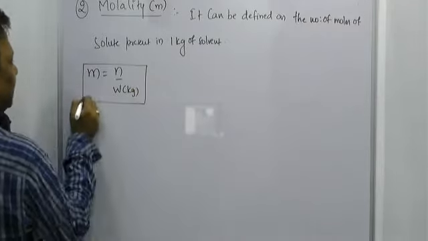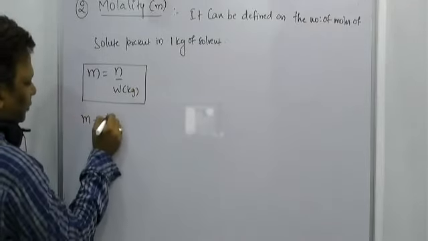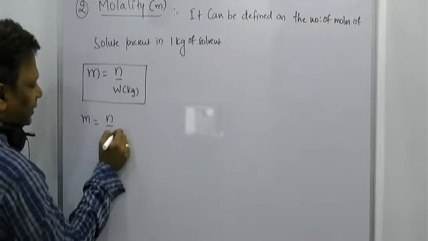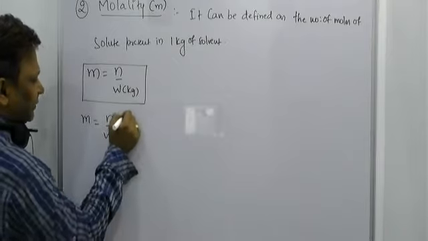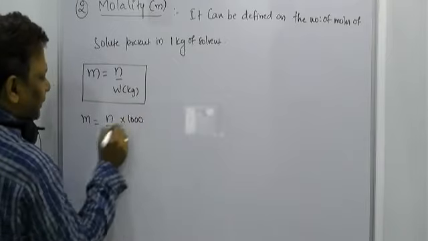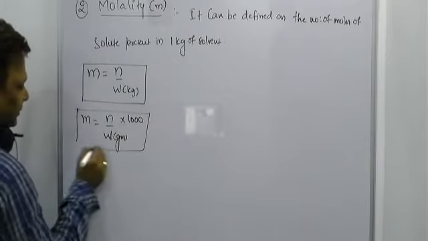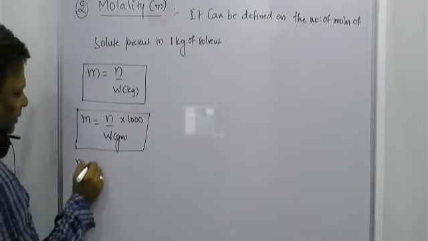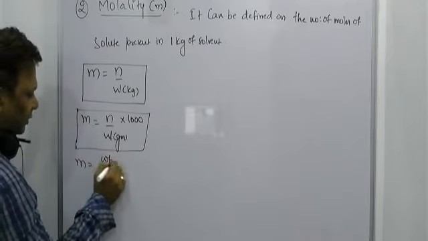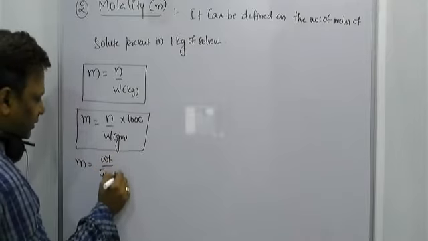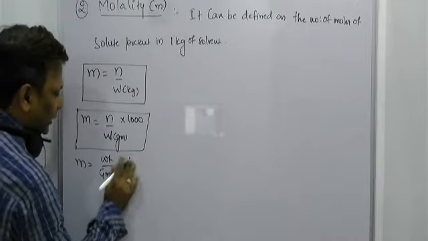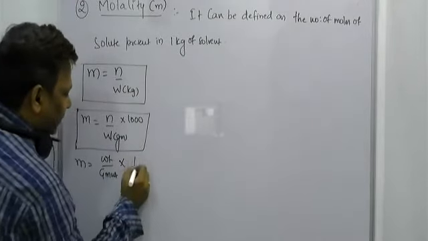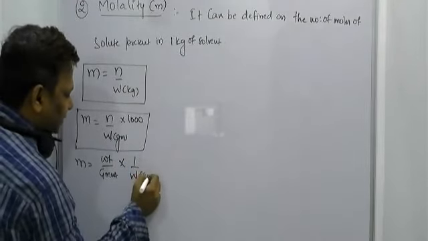That means molality equals number of moles by weight of solvent; if the weight of solvent is given in gram, it should be multiplied with 1000. A number of moles means we know weight in gram by gram molecular weight, into 1 by weight of solvent in kg.